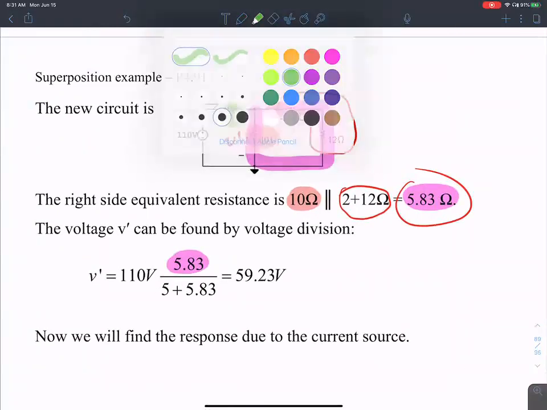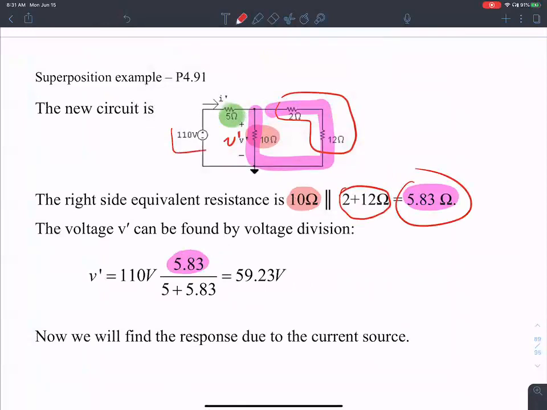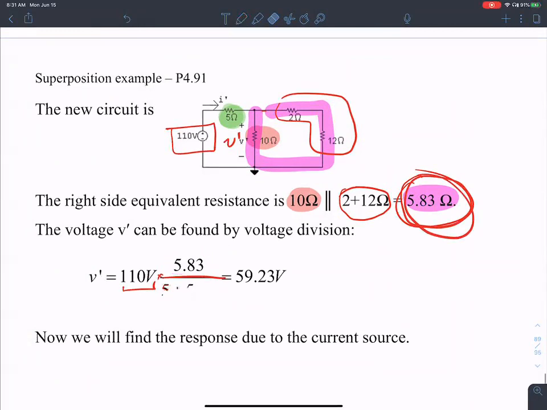So the voltage division is 110 volts times the equivalent resistance divided by the sum of 5 plus that parallel resistance. That's the idea.